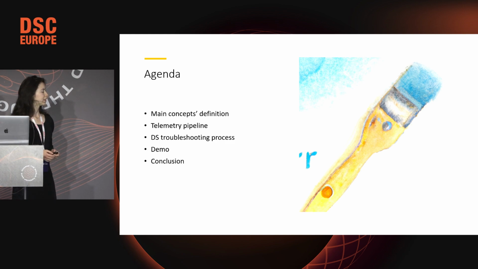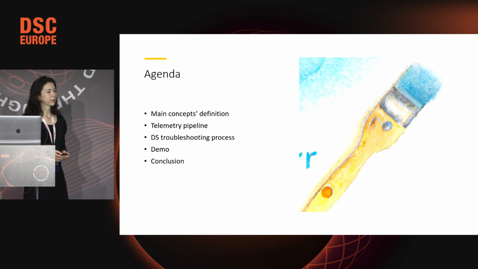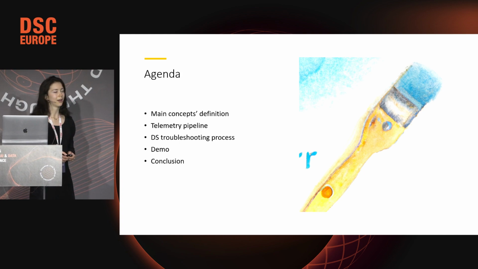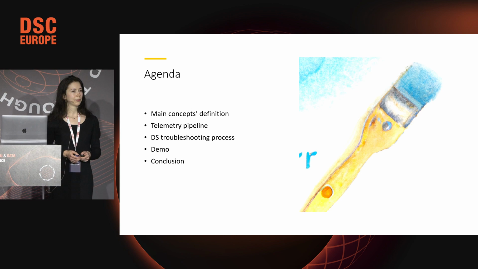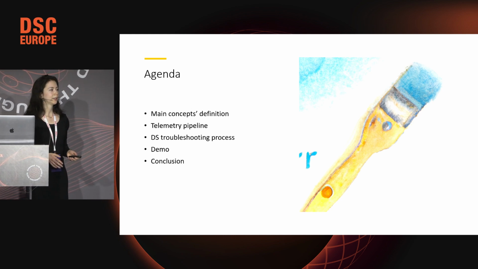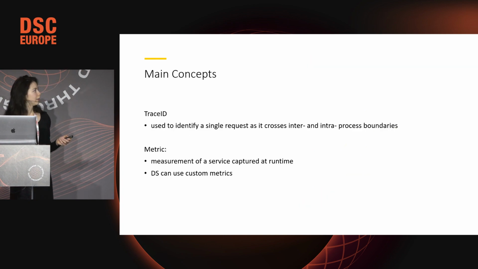Then the data scientist troubleshooting process, maybe you do it differently, but that's how we do it, and the cause of doing an automation. And then I'll walk through a demo of the tool that we built. It's not exactly what we did, but I replicated it on a smaller example. And then the conclusion. So let's kick off.